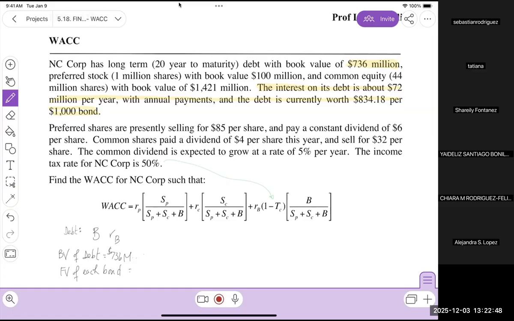Remember I told you it's either 1,000 or 5,000. What does it look like here? It's $1,000. Okay, so what does that tell me? How many bonds are outstanding if this is true? In our books, the book value is 736 million at $1,000 face value apiece. So that means how many bonds are there?